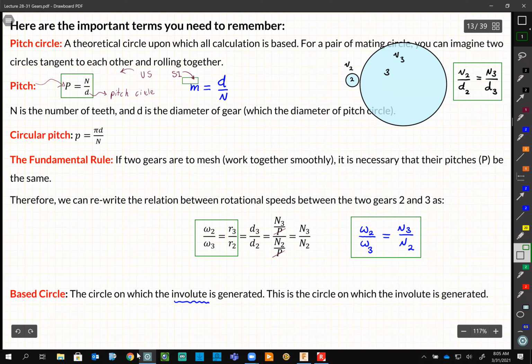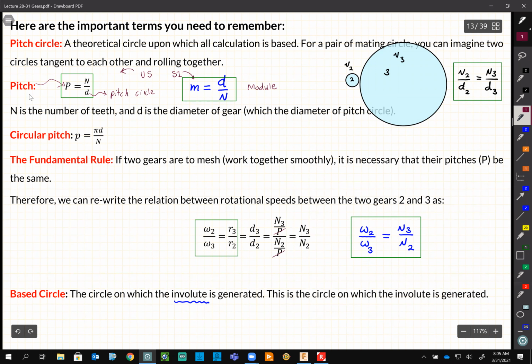But people use them interchangeably, and that's something you should know. So it's called module. If you saw module somewhere, it's just the opposite of pitch.